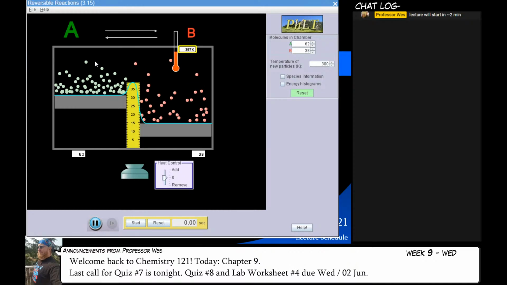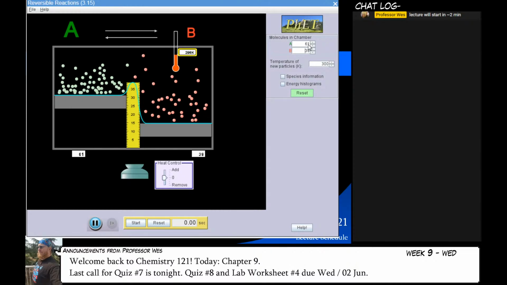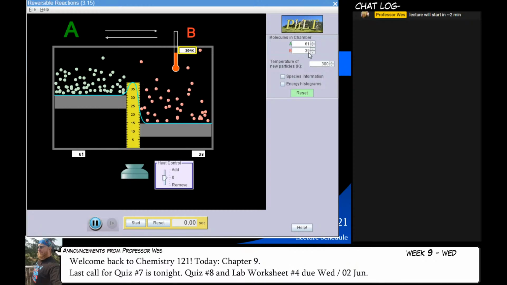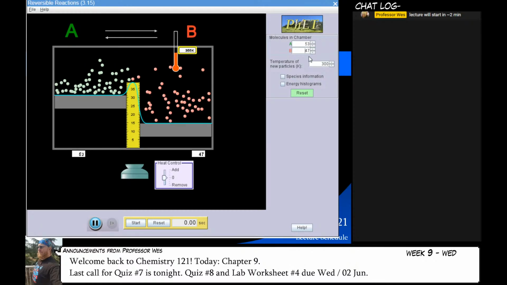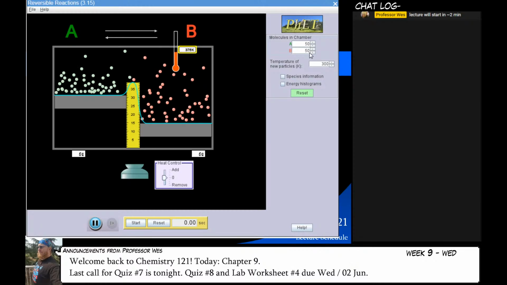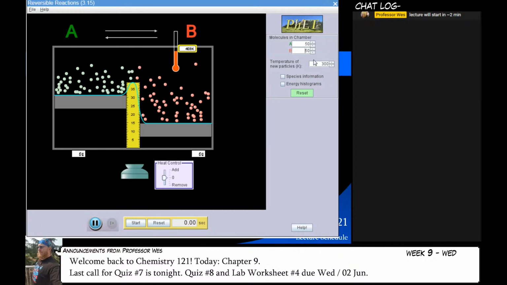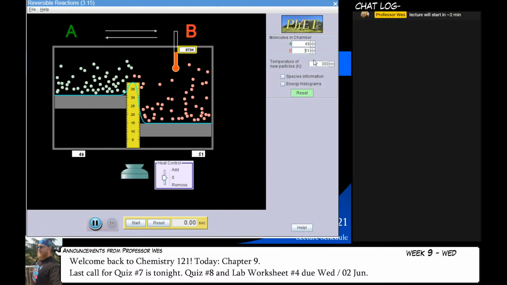Now, over time, you could see that this is going to slowly go down and that this number is going to slowly go up. The amount of A reactants is going to decrease and the amount of B products is going to go up. But is it ever going to reach 0 and 100? No, it's going to settle out on some number.